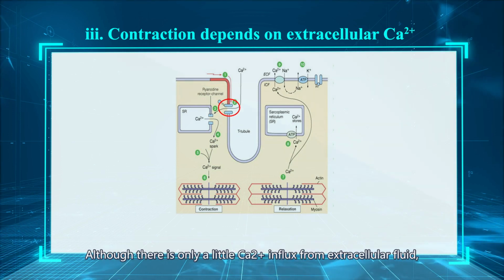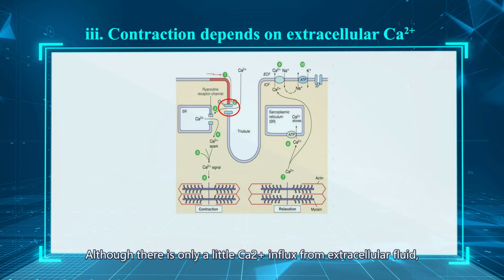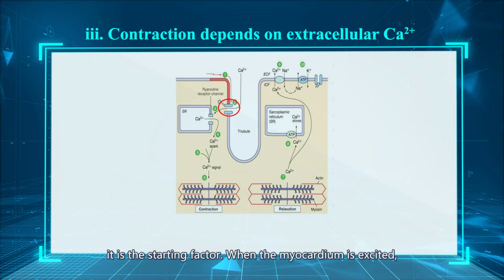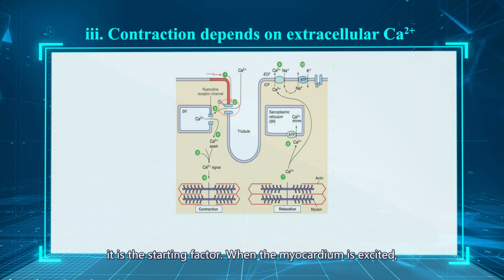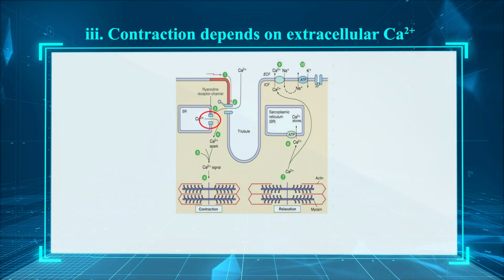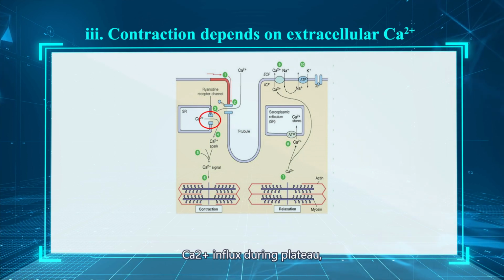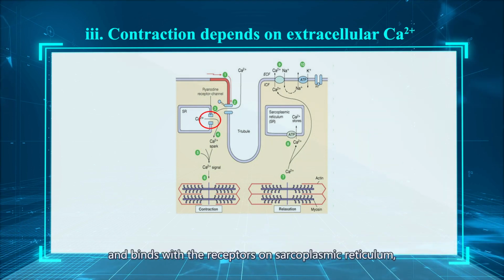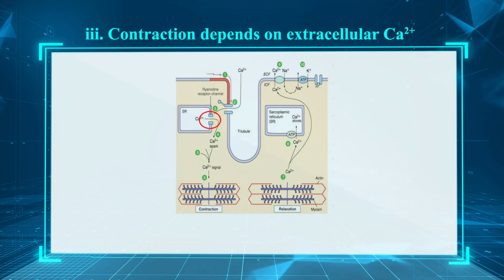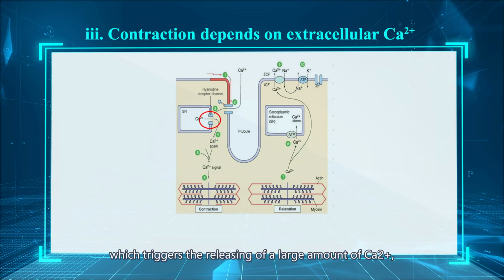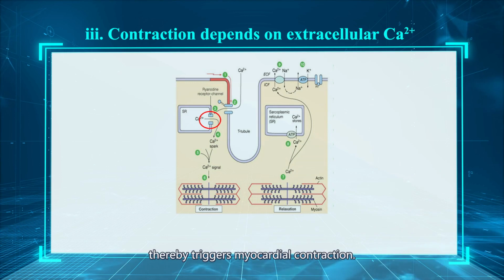Although there's only a little calcium influx from extracellular fluid, it is the starting factor. When the myocardium is excited, calcium influxes during the plateau and binds with the receptors on the sarcoplasmic reticulum, which triggers the release of a large amount of calcium, thereby triggering myocardial contraction.